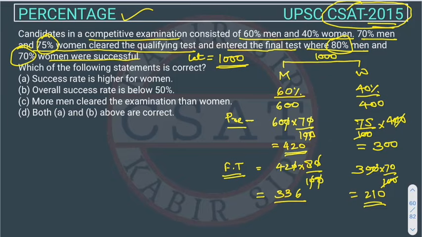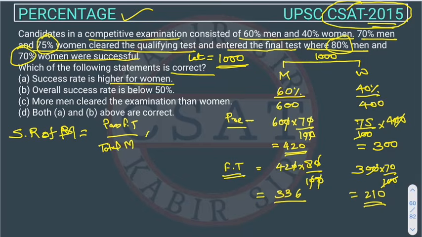Now the question is, which of the following statements is correct? Success rate is higher for women. So what will be the success rate? Let's take men: those who pass the final test upon total men, right? So this will be the success rate.